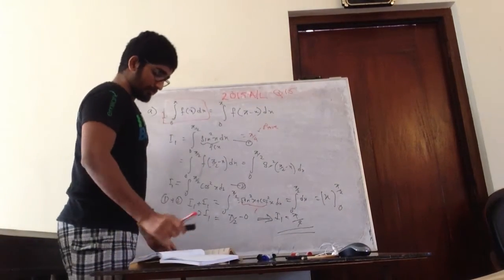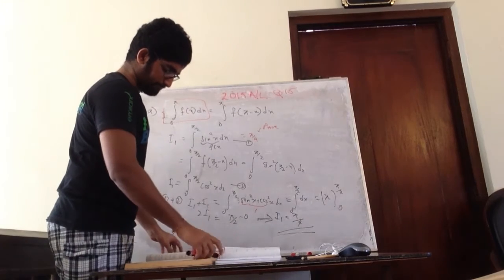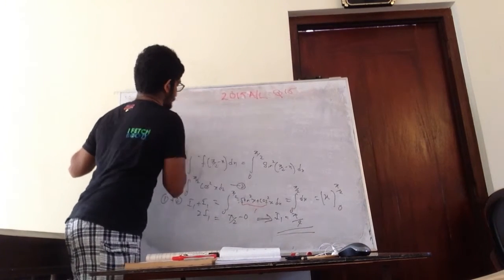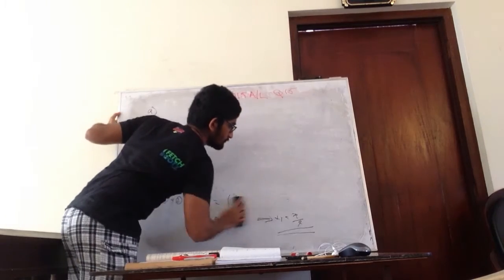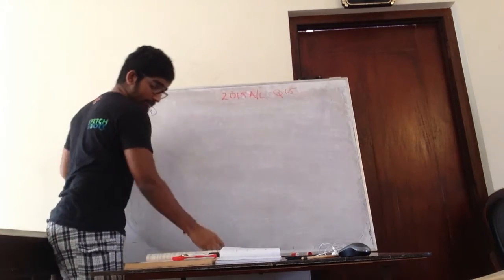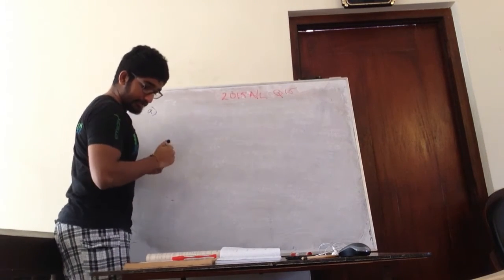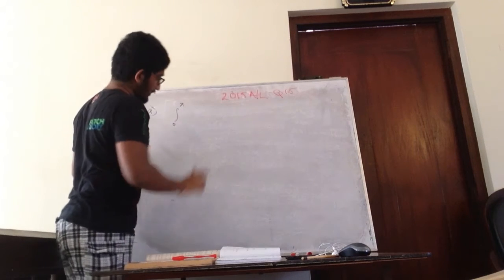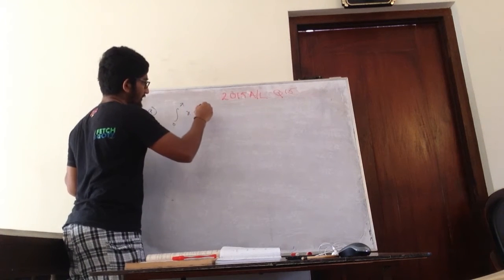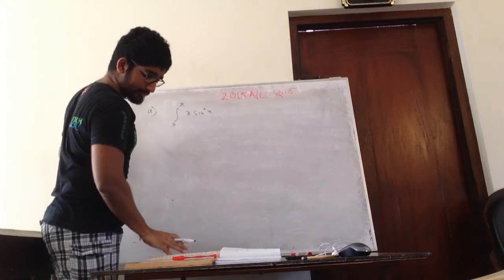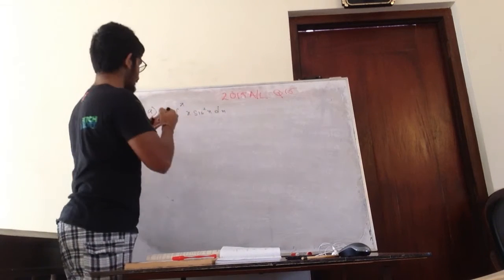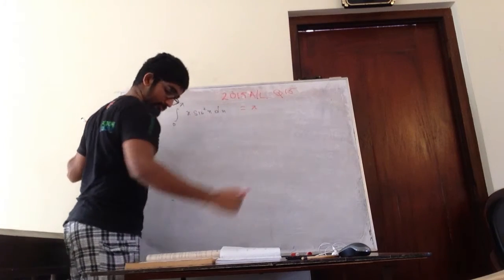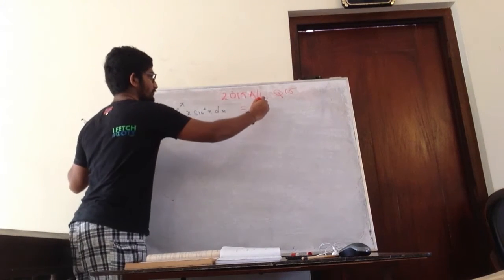Right. So then we have to find, so next up is: hence find the integral from 0 to 5 of x sine squared x dx, equal to 5 squared over 4.